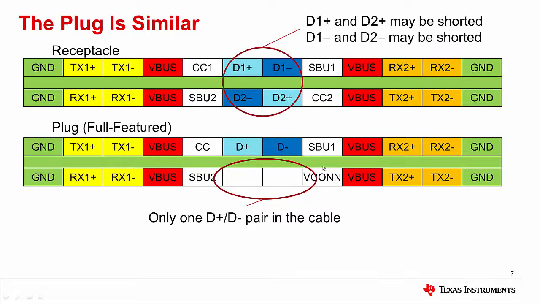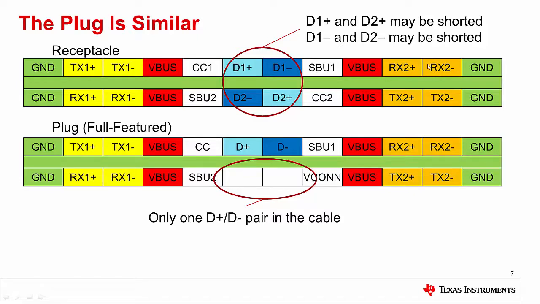In a system which has a receptacle on it, one thing that can be done is you can short the D1+ and the D2+, and then you can short the D2- and D1-. That way, regardless of the orientation of the plug, how it's inserted into the receptacle, you still have your USB 2.0 data. And then notice again the symmetry of the contacts here. The CC1 is diagonal and opposite of CC2.